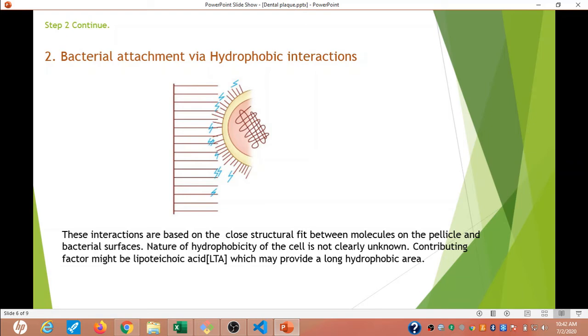What is lipoteichoic acid? Lipoteichoic acid is a major constituent of the cell wall of gram-positive bacteria. So in this way also bacterial attachment is occurring.